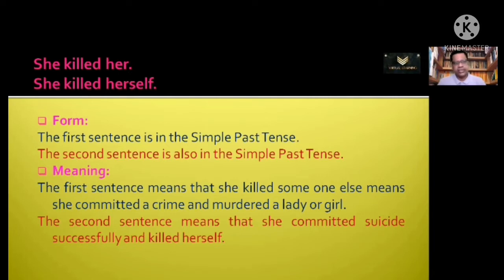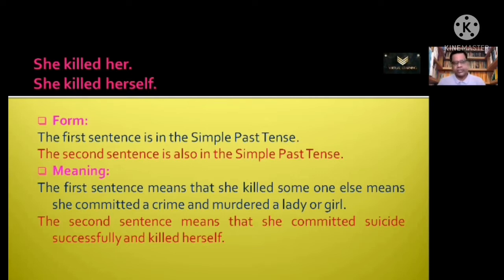You have SHE, she, third person, singular number, functioning as the subject of the sentence. In both the cases, KILLED, killed, is functioning as the main verb of the sentence. To kill is the infinitive form. KILLED, killed, is the V2, that is the past form.